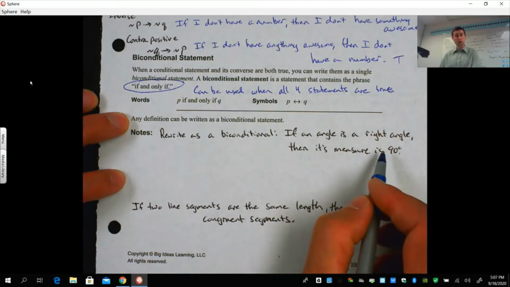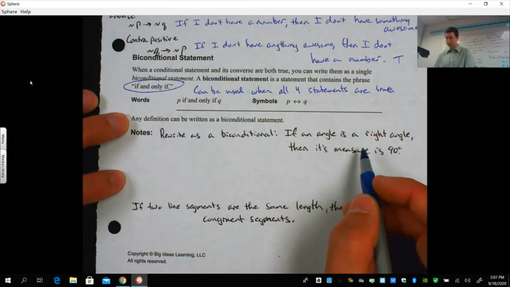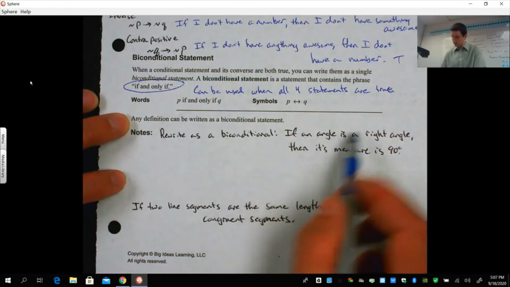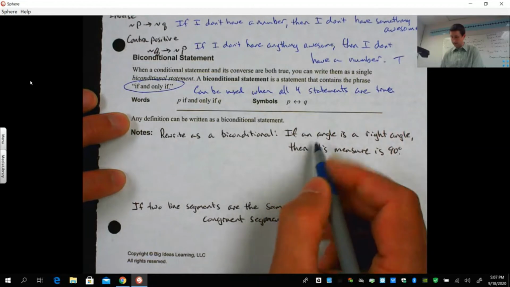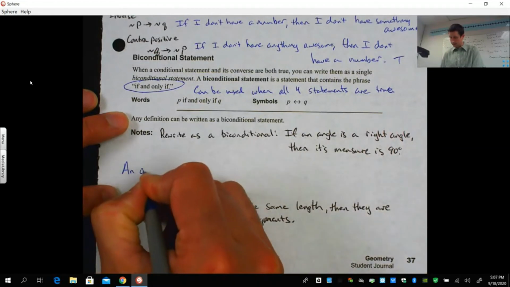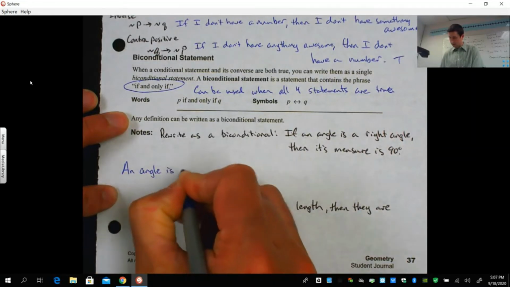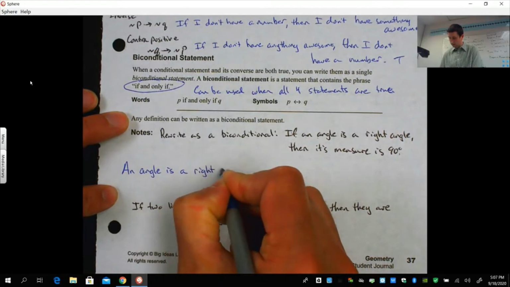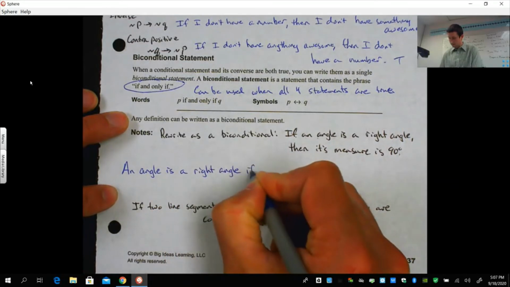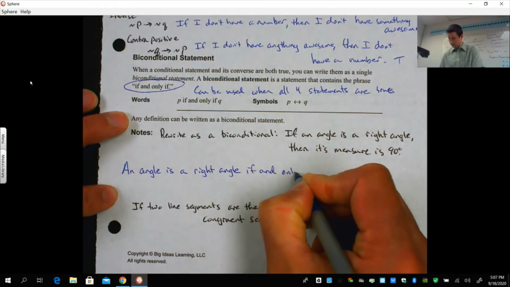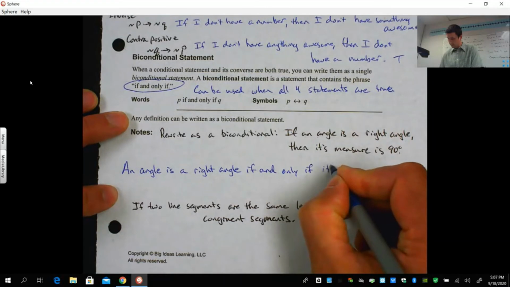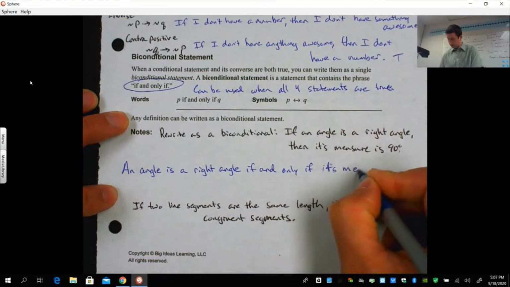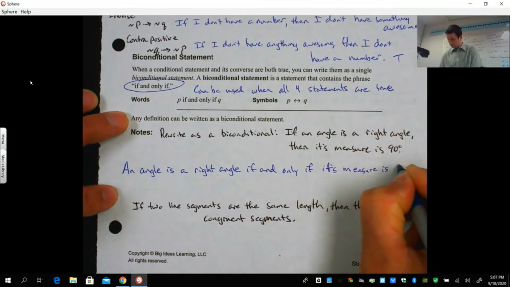Okay, make sure you're not just watching me. If you're stopping, writing down the example. Let's write it as a biconditional. Usually the if and the then are going to go away. So I drop the if and the then, and I'm just going to say an angle is a right angle if and only if its measure is 90 degrees.